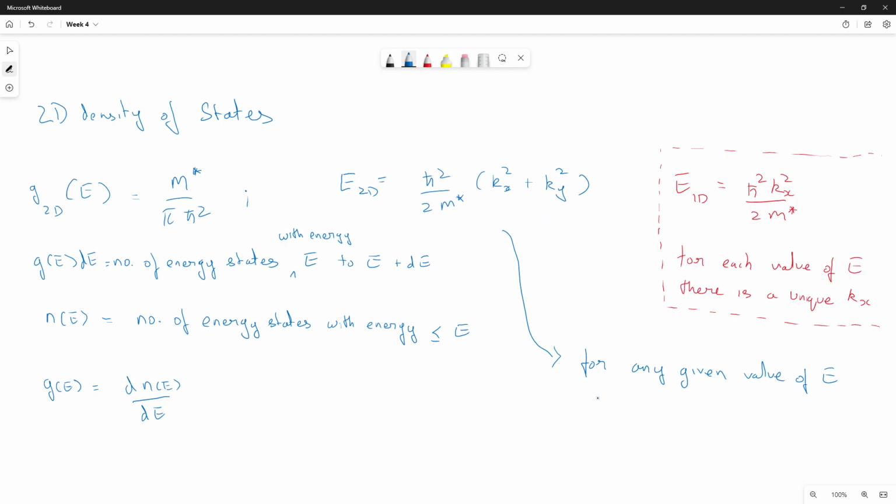So in general, for a 2D system, for any given value of energy, we have more than one combination of kx, ky. Is that clear?